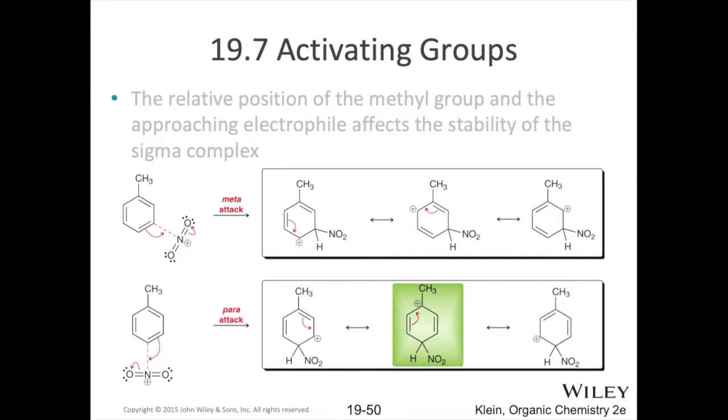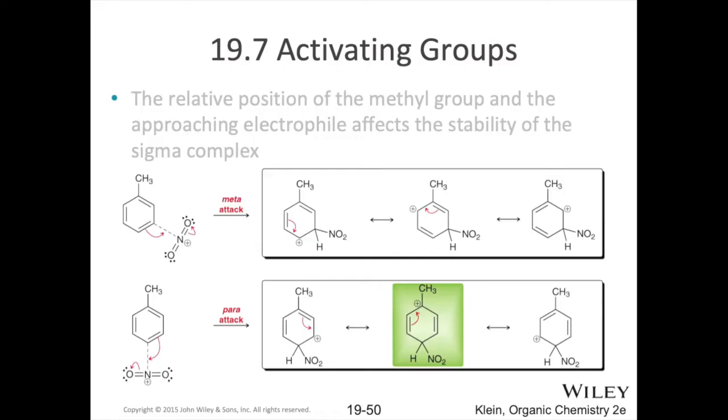What about the meta one, though? If we look at the resonance structures for the nitronium ion adding at the meta position, notice that the positive charge on our sigma complex skips over that carbon with the alkyl group attached to it. As a result, this is not going to be lower in energy.